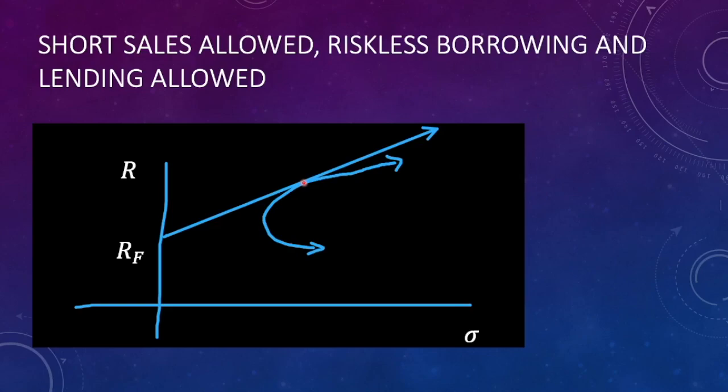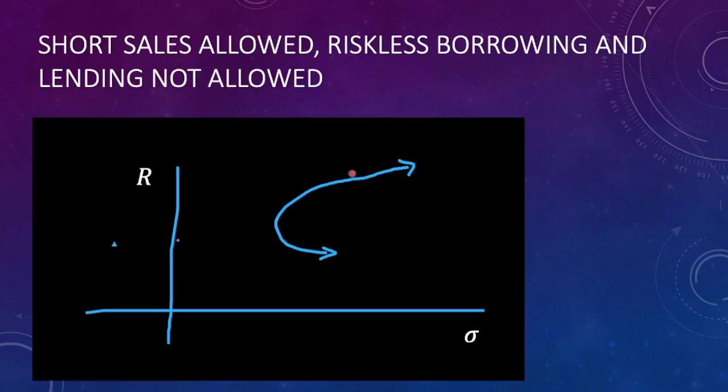And for the second point, we are going to imagine a different RF. So instead of here, let's say our RF is somewhere over here, and it will touch this curve somewhere over here, right? So one RF is over here, the other RF over here, and one of them will touch here and the other will touch somewhere over here, and those are the 2 points that we needed to know, right? Once we have those 2 points, we can calculate the rest of the efficient frontier by taking combinations of those 2 points.